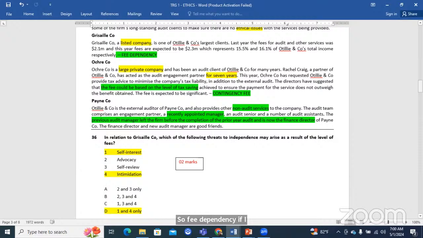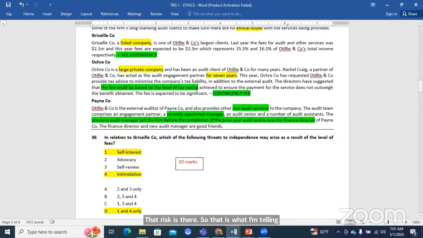And also it's an intimidation threat. What is intimidation threat? Two types of pressure. One is actual pressure or perceived pressure. When I am getting a significant income from one client, there is a perception that I do not want to lose him. If I give a bad opinion, sometimes they might not repeat with me. That risk is there. So that is what I'm telling.